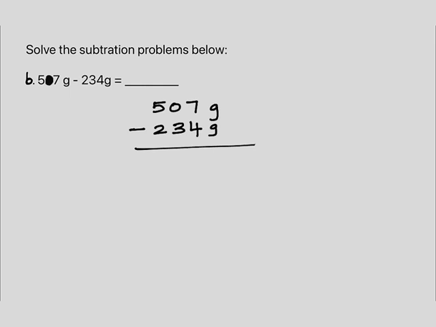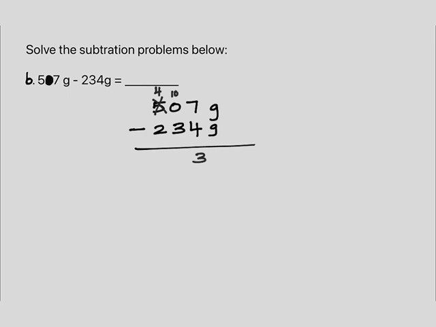So 7 minus 4 will be 3, and when we move on to the next column, the top number 0 is a smaller number compared to the 3. So we need to unbundle 100 from here, so it becomes 4, and then 100 is 10 tens.